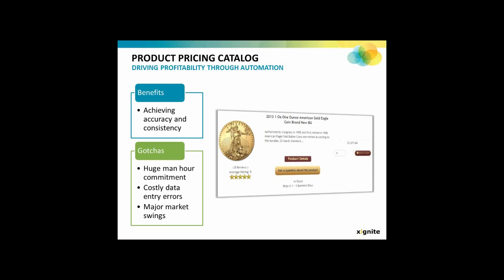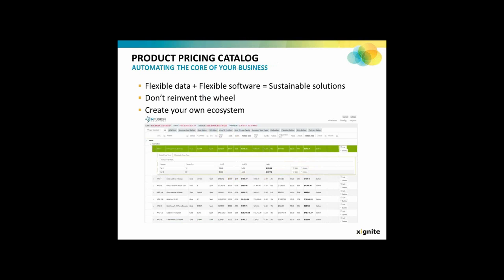The answer to that, and if you go to the next slide for us, Stefan, is our product pricing catalog. After working with many clients and having the same issue, we identified that taking the product pricing automation outside of the e-commerce platform was key, because there are so many variations and so many different limitations.